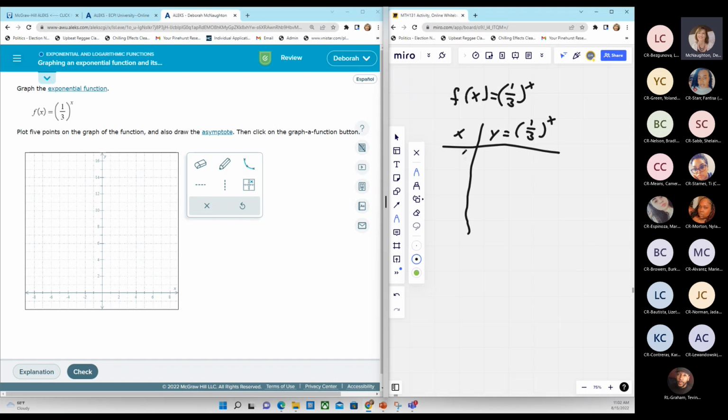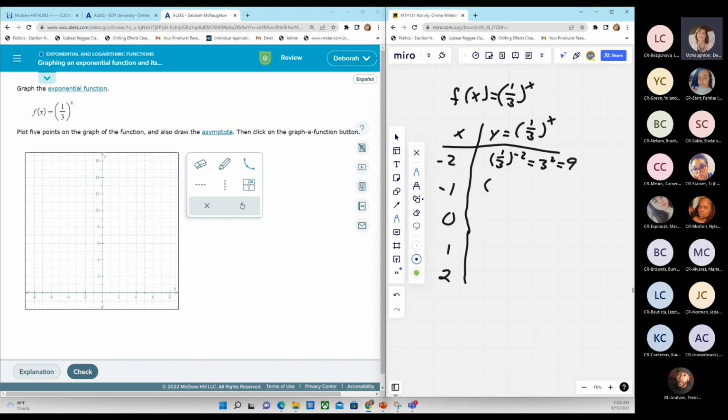And your x value should always be -2, -1, 0, 1, and 2. So then I get, for my y values, 1/3 raised to the -2, and that's 3 squared, or 9.